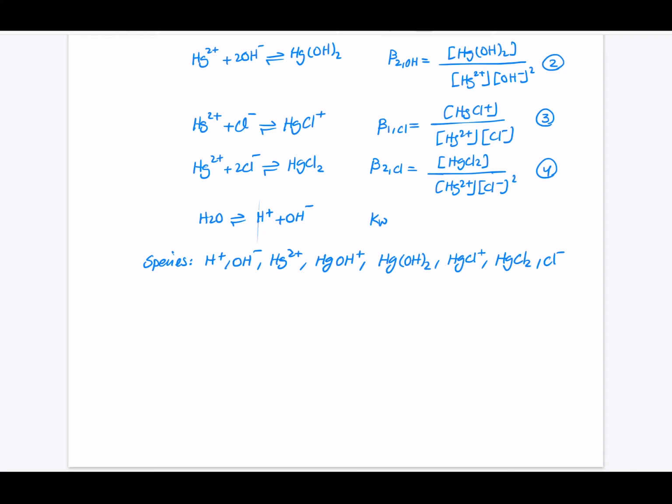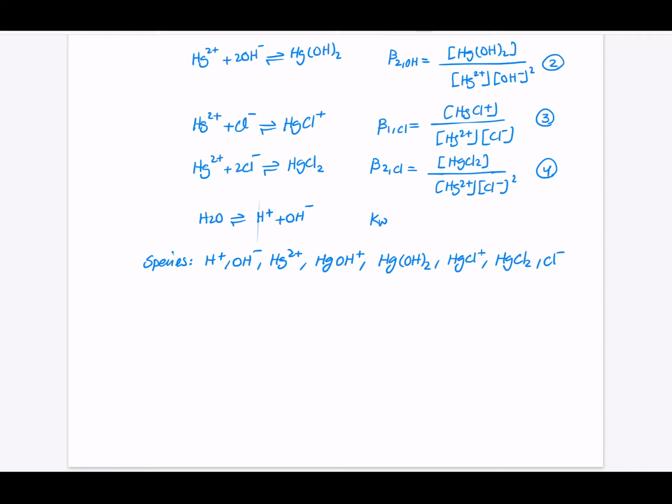Okay. So we're on the same page now. So you know how much total Hg2 plus you have from the mass balance, but you don't know how it's introduced or what's the anion of that one.